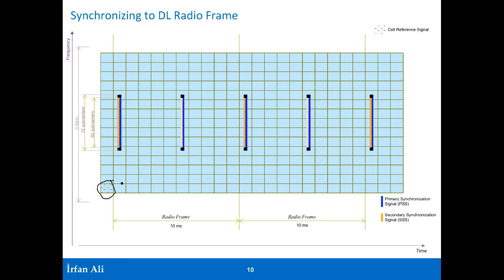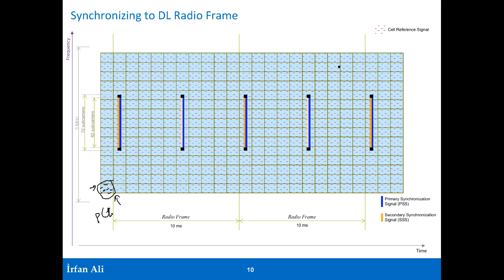And once it knows the PCI, the mobile is able to find out where exactly these cell reference signals are. These cell reference signals enable the mobile to find out the exact frequency and time structure, lock on to the right frequencies, and get its oscillator to be fairly accurate.